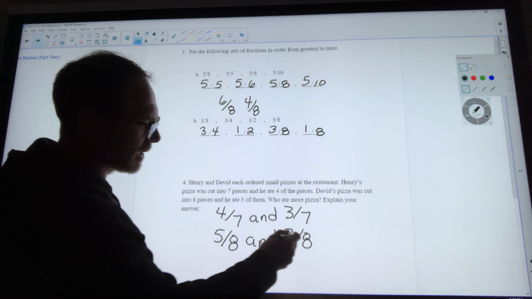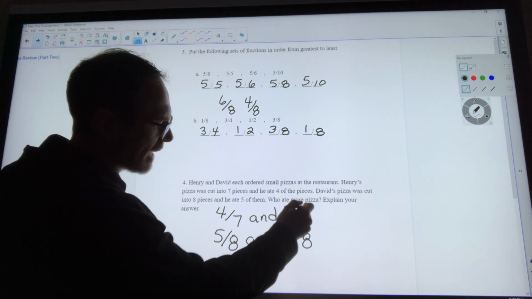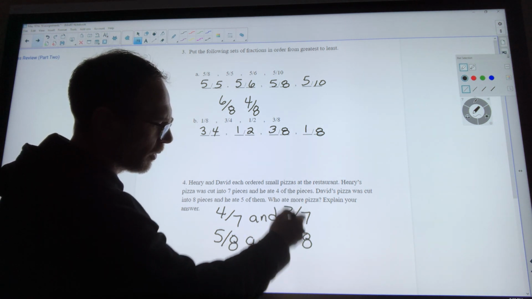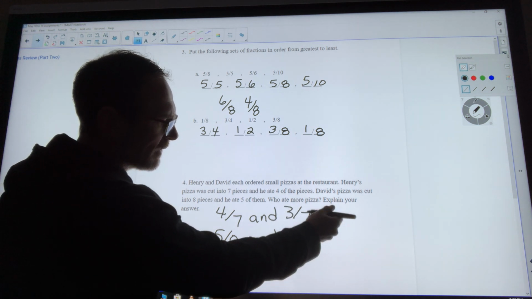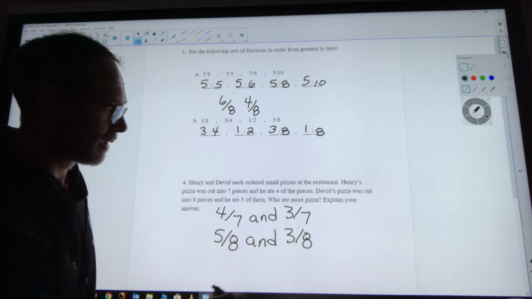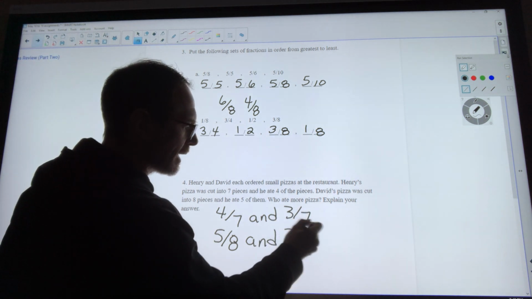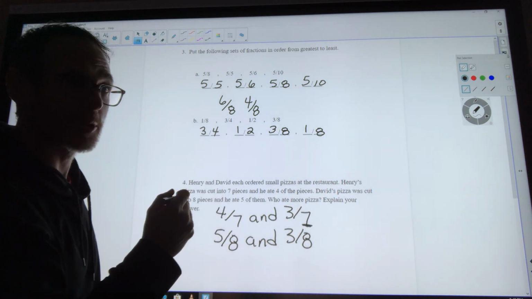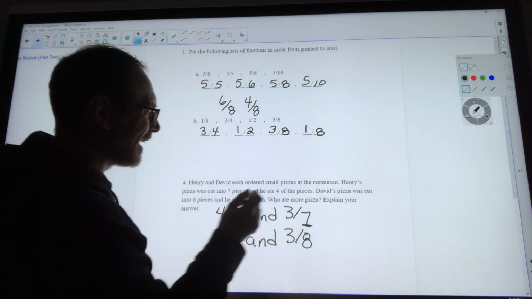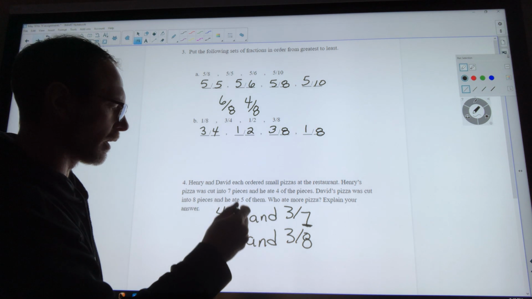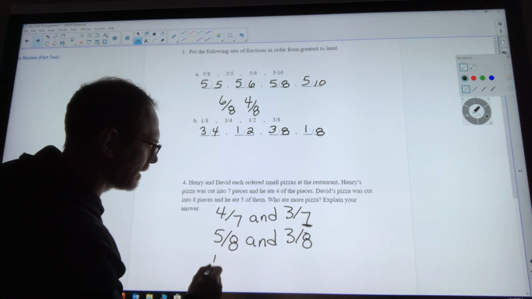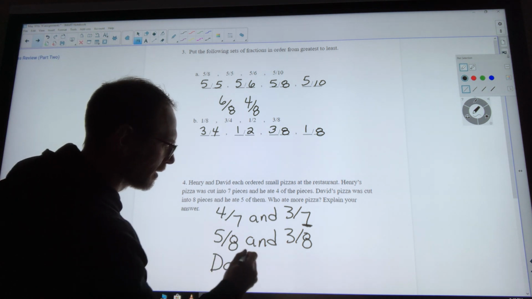Now it makes it a little bit easier because if I look at 3 right here, they're both the same numerator, then I can see, well, 7ths would be bigger than 8ths. So since 7ths are bigger than 8ths, that means Henry has more left over. So that means that David ate more.